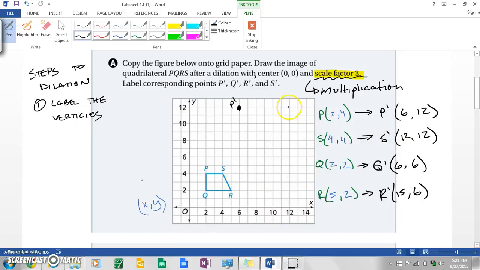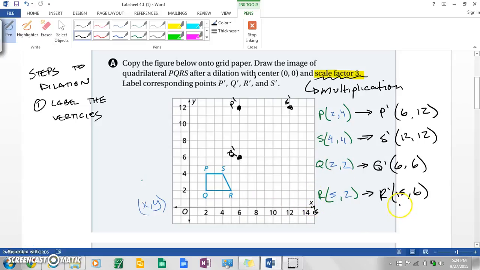So I'm going to go up here, over here. 12, 12, excuse me, will be where S prime is. Q prime is going to be at 6, 6. So I go over 6, up 6. It's going to be here. Q prime. And R prime is going to be out here at 15, 6.